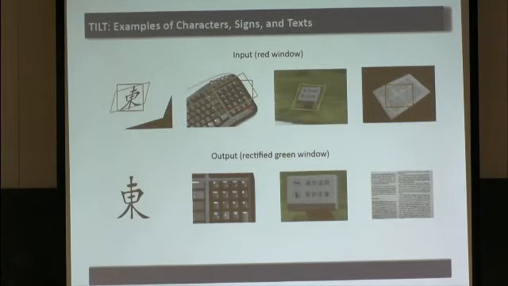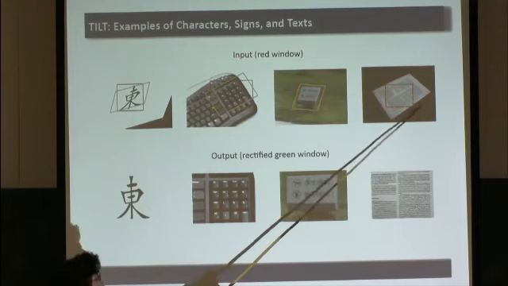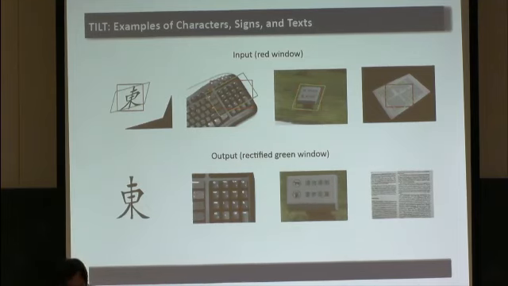To me, these are very, very nice to see. Here it's a signpost with Chinese characters, and of course everything is slanted, so you run this algorithm and it unslants everything. This is a piece of paper that is slanted. You run the algorithm, and it's as if you had it in front of you.